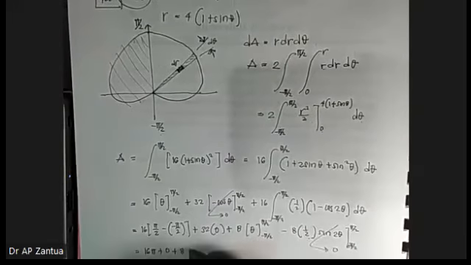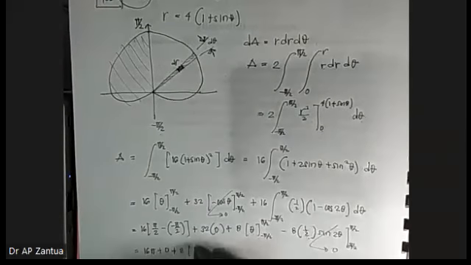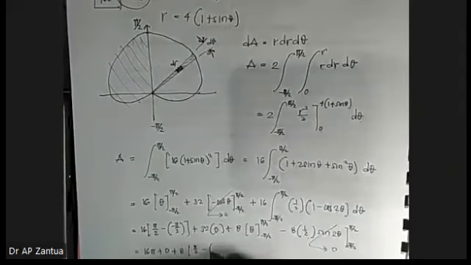So this will become what? So 8 times what? Pi over 2 minus negative pi over 2. And this is what? 4 minus 4 times 0.